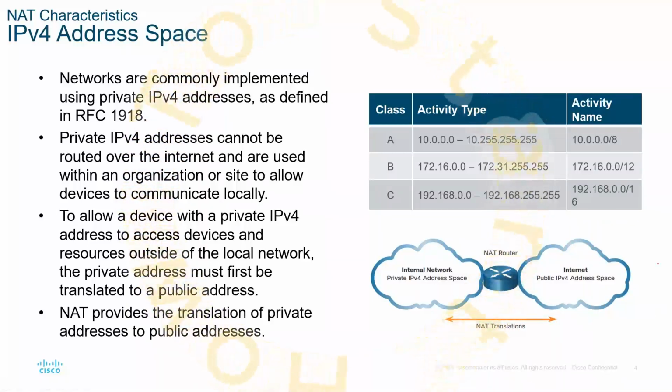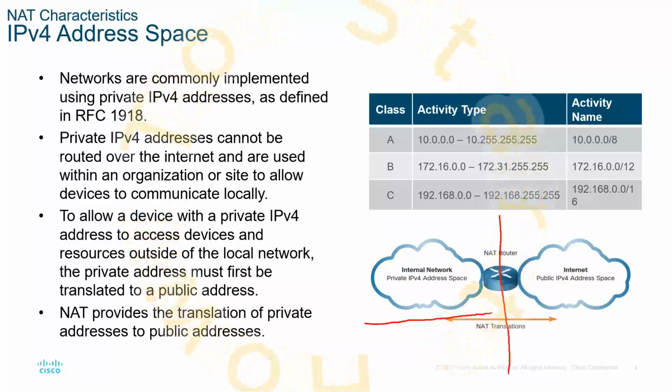And so what I mean by that is, here we have an internal private address. Let's say this is your house, this is your business, whatever, it doesn't really matter. In order for your addresses to get on the internet, they have to go through a NAT router. So the NAT router will actually translate any internal address to an internet capable address.